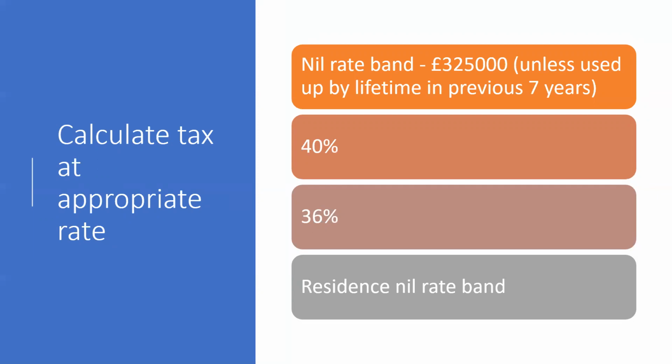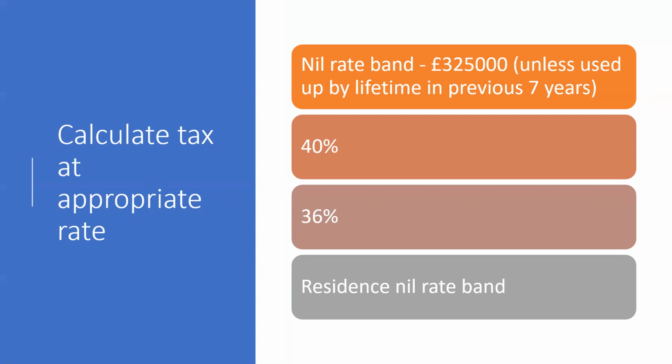So if you'd made a chargeable transfer of £350,000 in the previous 7 years, there would be no nil rate band left. If you'd made a chargeable transfer of 25,000, then there would be 300,000 of the nil rate band left. So you've just got to look to see whether anything has already used it up prior to death.